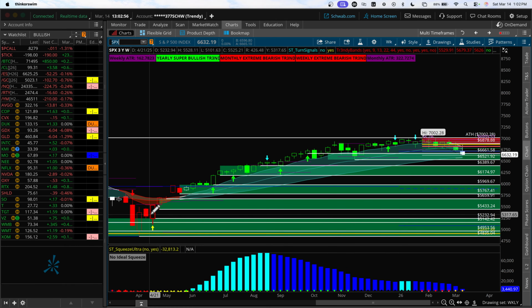Since then, we have been trending to the upside, making higher highs and higher lows until we created this new all-time high on SPX just above 7,000.